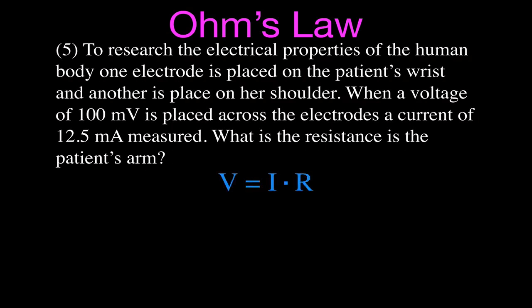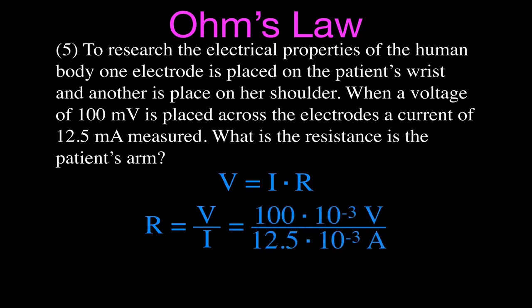So we're going to start off with V equals I times R. We have that R is equal to V divided by I, the voltage divided by the current. Now we're going to convert. We don't really necessarily have to do this, but I did this because we're both in milli units, but it should be just in volts. So I have 100, and milli is times 10 to the minus 3, because milli is one thousandth. And so we have 100 times 10 to the minus 3 volts.